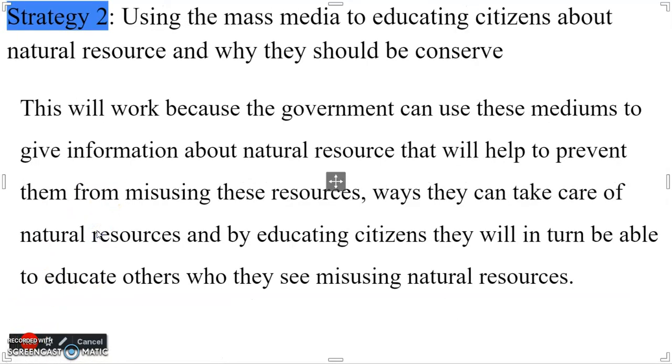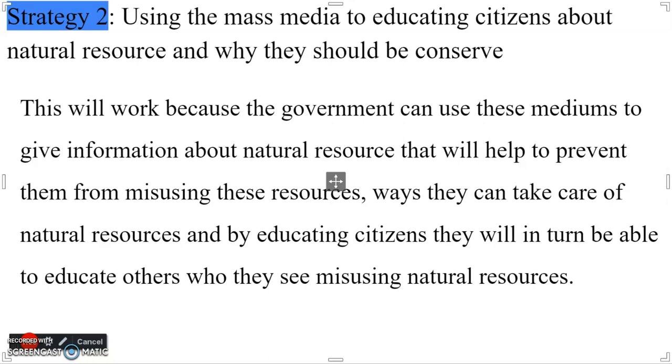Another strategy that would be correct is using the mass media to educate citizens about natural resources and why they should be conserved. Now, why do I believe that this strategy will work? This strategy will work because the government using the mass media as a medium to give information can be creative.